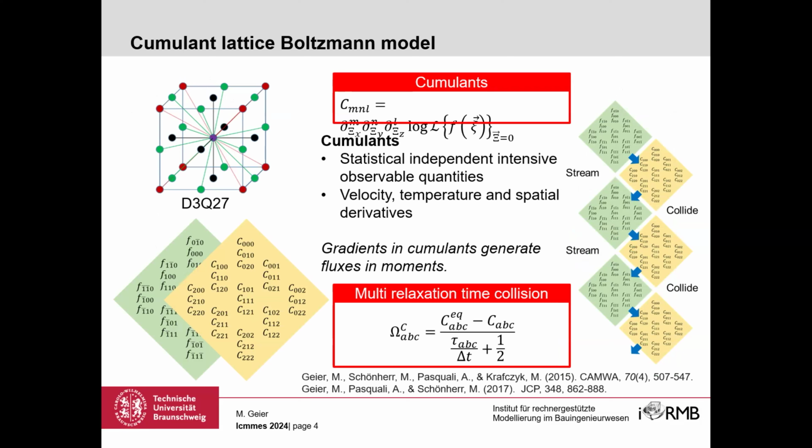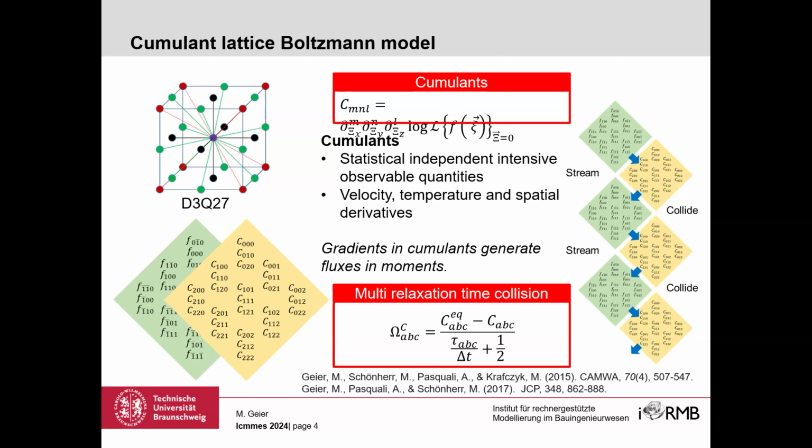I'm starting with talking about cumulants. I introduced central moments to lattice Boltzmann, and I always used sixth order equilibrium from the very beginning, but I'm not using this anymore.